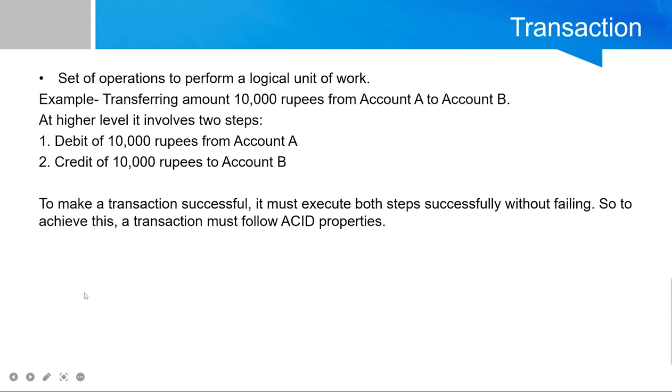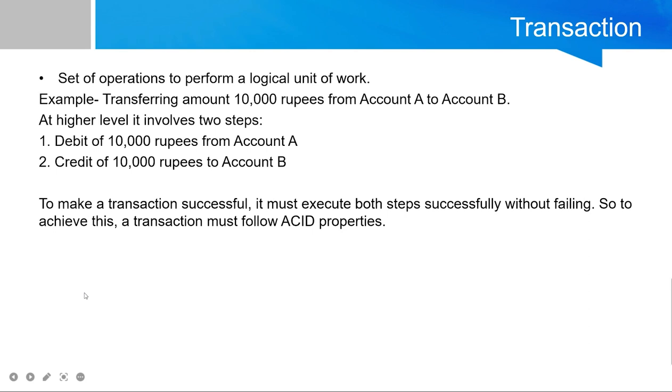A transaction is nothing but a set of operations that needs to be performed in order to execute a single logical unit of work. For example, transferring an amount from account A to account B can be treated as a transaction.